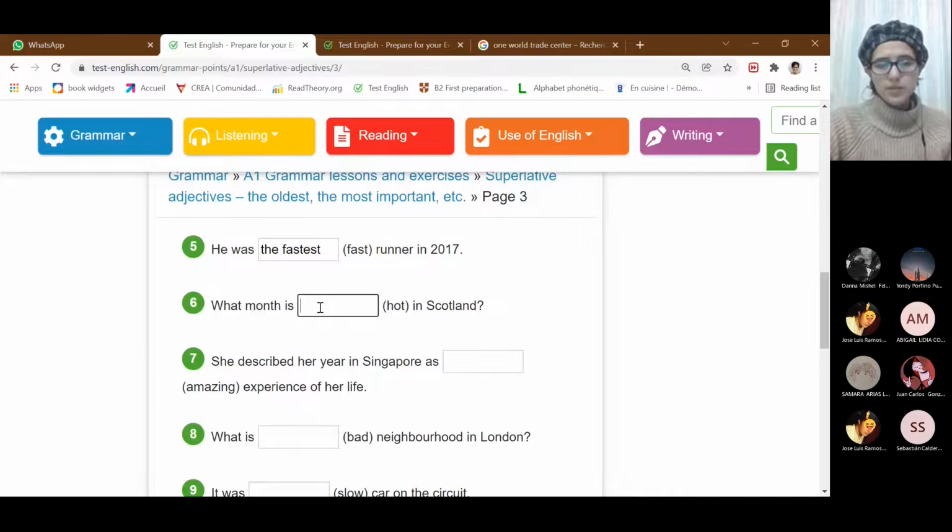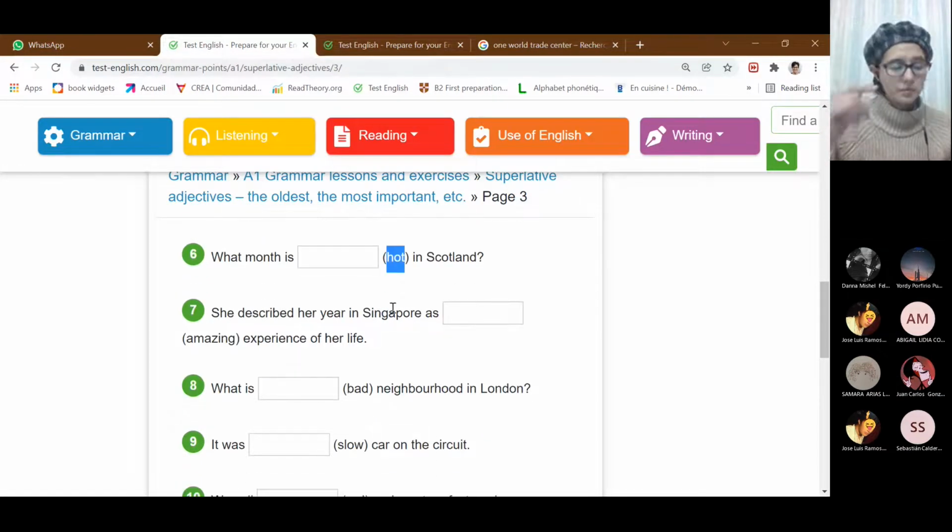Juanca, what about number 6, hot? What about is hotter in Scotland? Okay, but hotter is the comparative. Here we're talking about the superlative form.